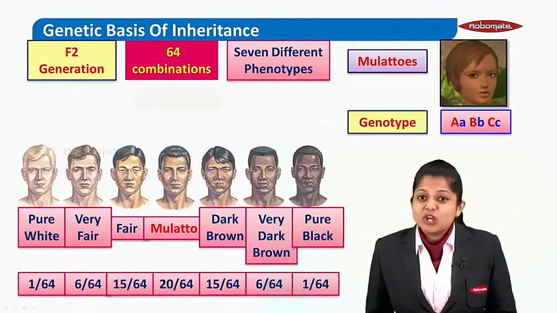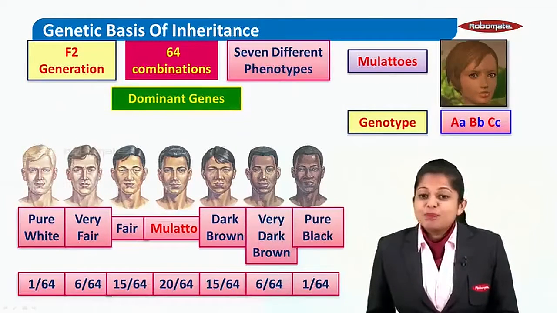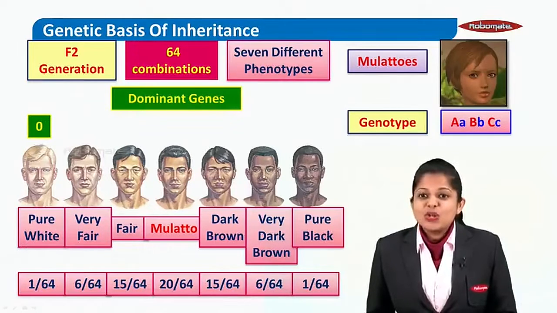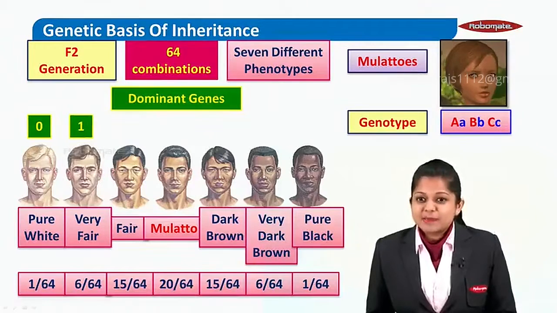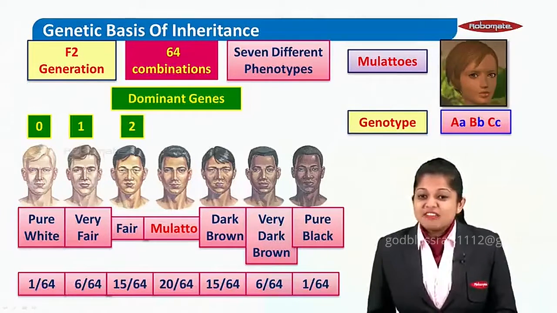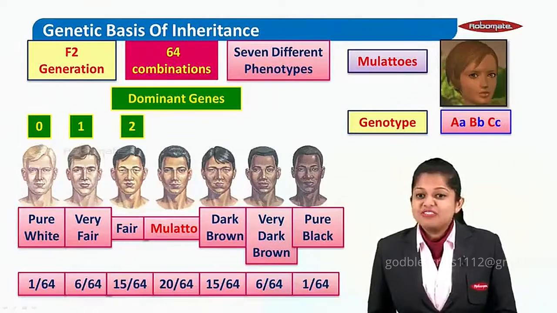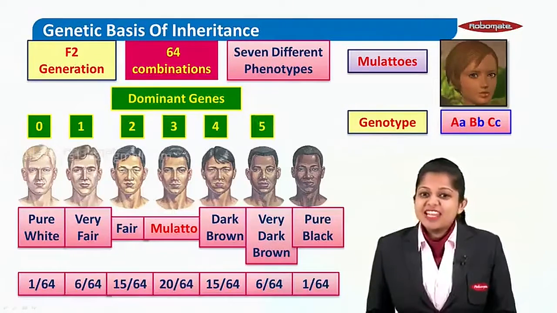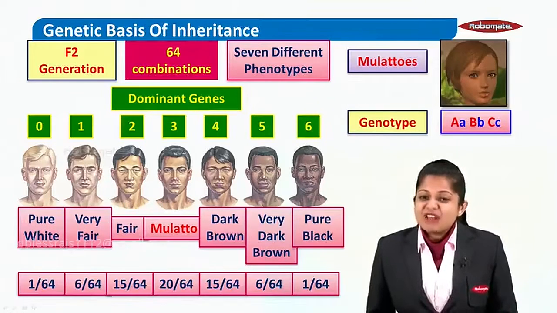Let's see what these are. The pure white has no dominant gene, hence albinos or pure whites. Very fair has 1 dominant gene. Fair has the cumulative effect of 2 dominant genes. Mulatto has 3 dominant genes, dark brown has 4, very dark brown has 5, and finally pure black has 6.